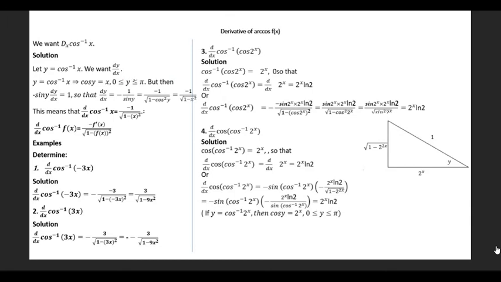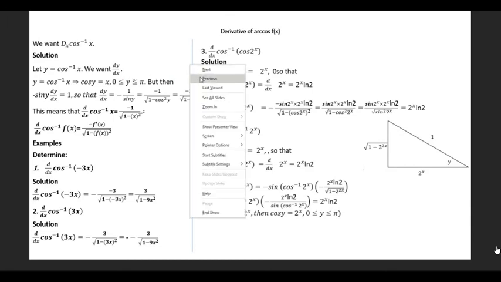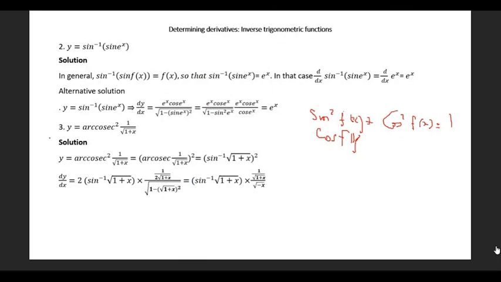I think I have to go back. Right, so if we talk about arc cosecant squared, it is the same as arc cosecant all squared.